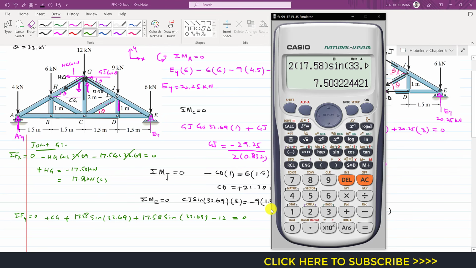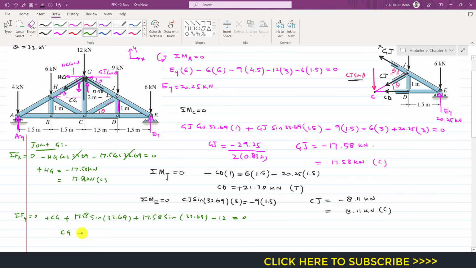So this is 7.5. So Cg plus 7.50 is equal to 0, or we can say that Cg equals minus 7.50 kilonewton. Again, the minus sign indicates that the assumed direction is not accurate, so this means that the Cg member is in compression and it has a magnitude of 7.50 kilonewton.